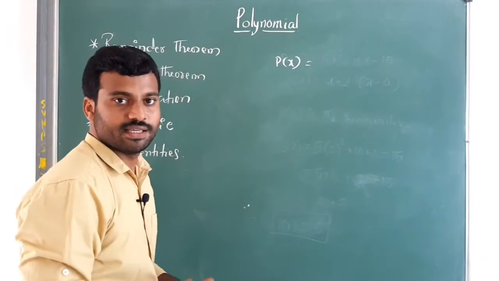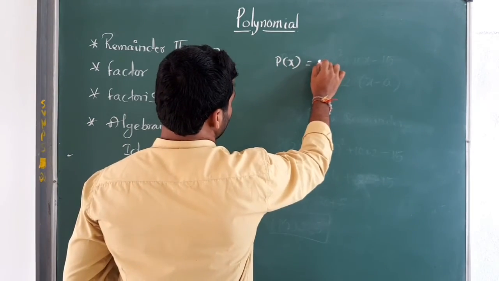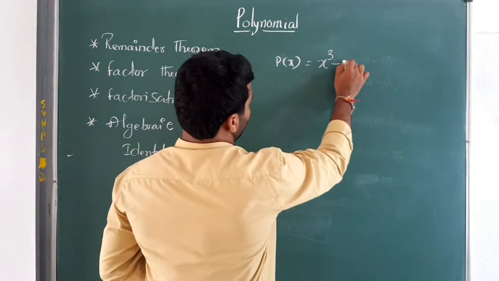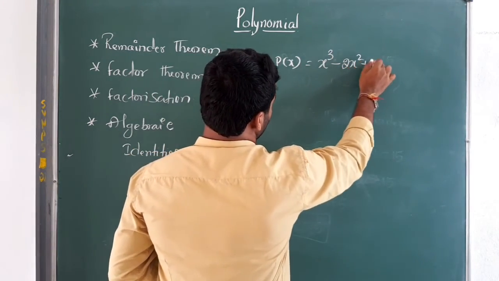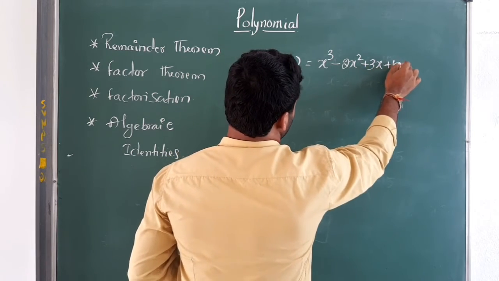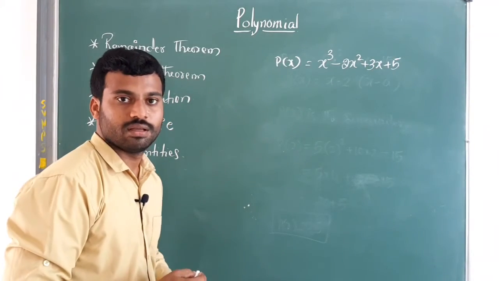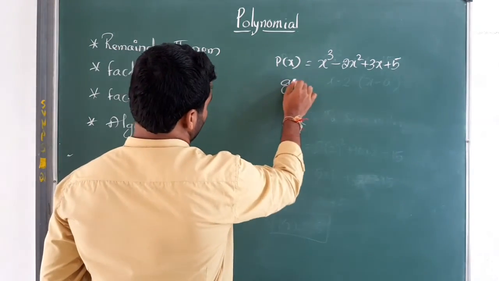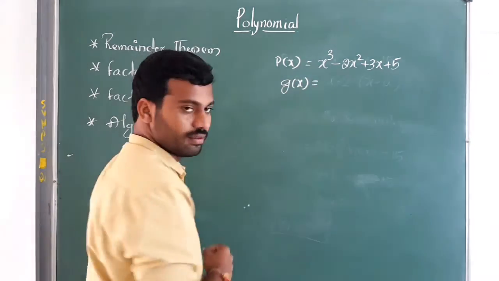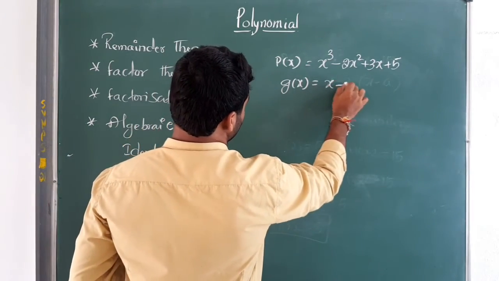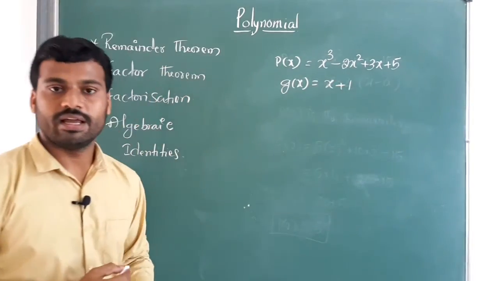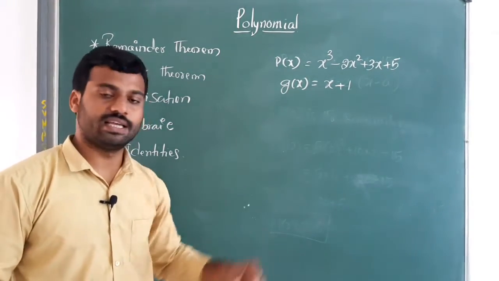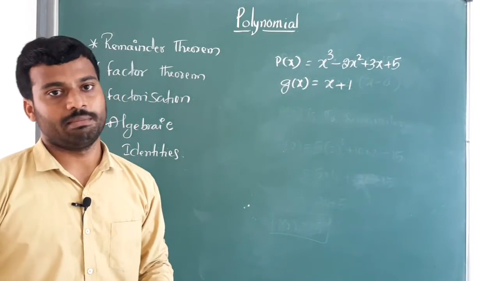P of x equals x cube minus 2x square plus 3x plus 5. If you are dividing by x plus 1, then what will be the remainder?